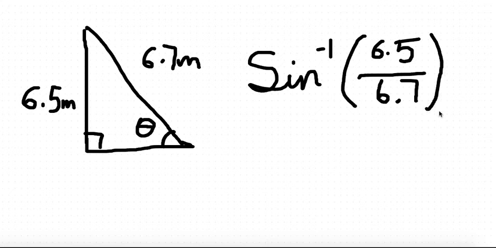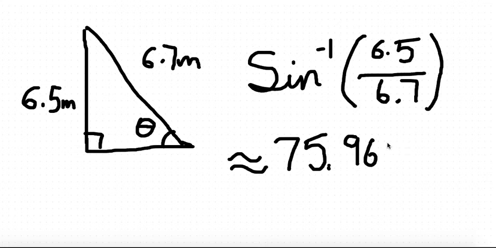And when you plug that into your calculator, in degrees mode, you get approximately 75.965 degrees. That is your answer. And that is the angle that the ladder makes with the ground.